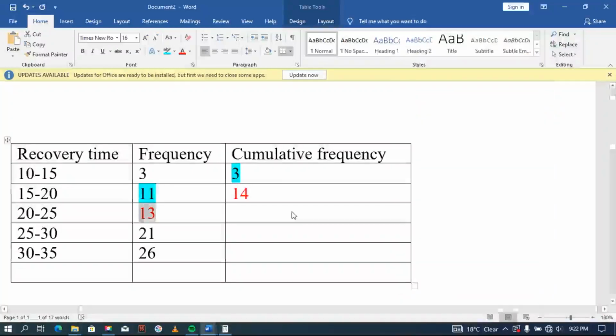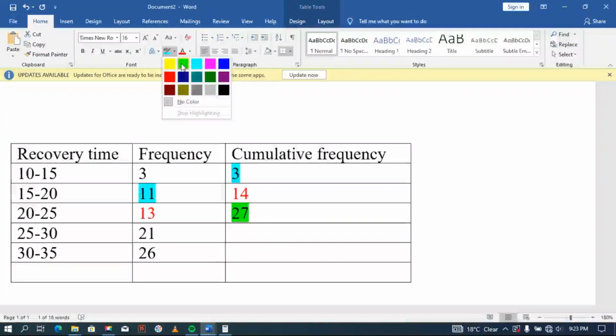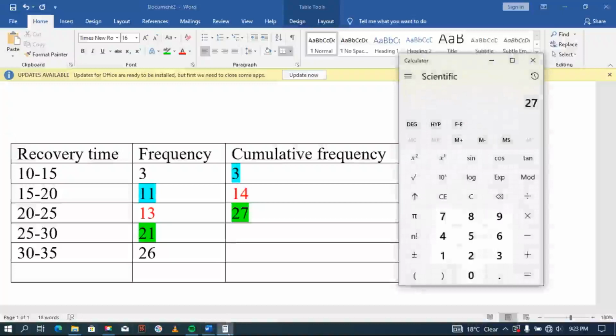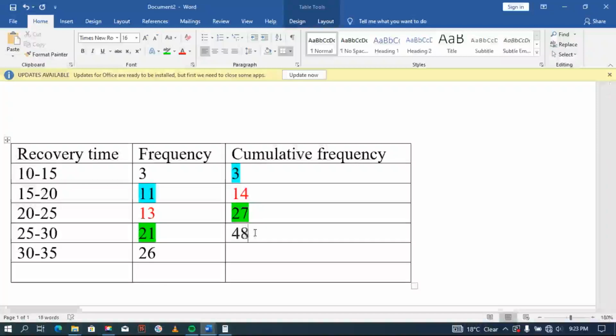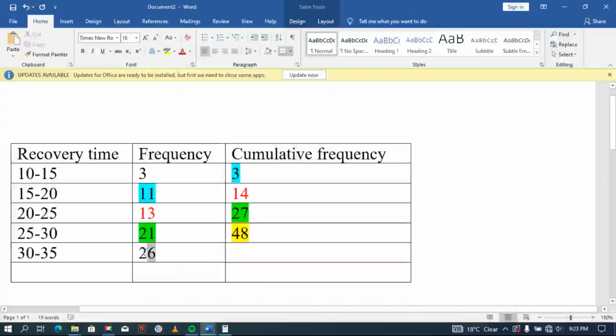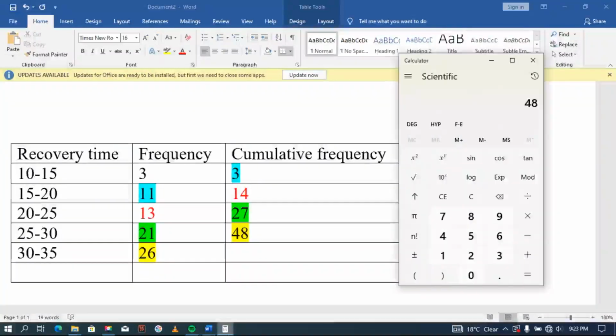Then for the next cumulative frequency, we have the previous cumulative frequency of 27 plus the next frequency of 21, giving us 48. Then the previous cumulative frequency of 48 plus the next frequency of 26, giving us 74.